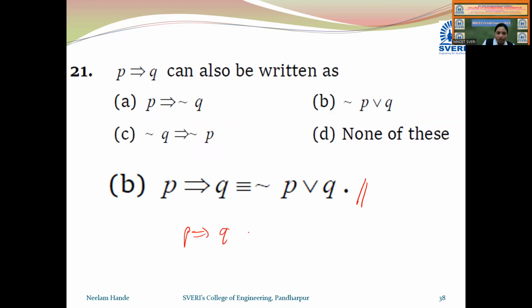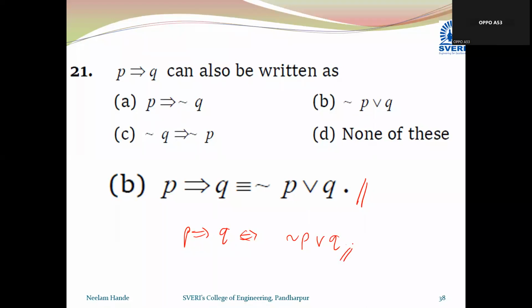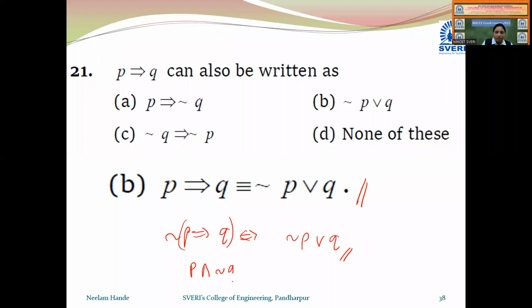P implies Q is negation P or Q. So do you consider it a standard statement? Yes, it is also standard. You can remember P implies Q is the same as negation P or Q. Because when we take the negation of this, negation of P implies Q is P and negation Q. Remember, P implies Q is negation P or Q.